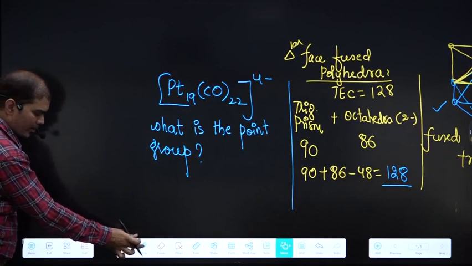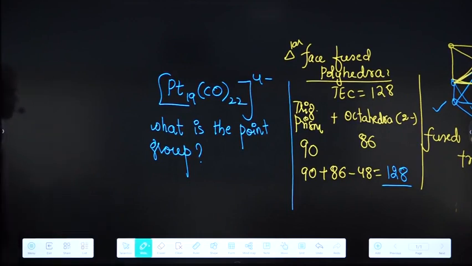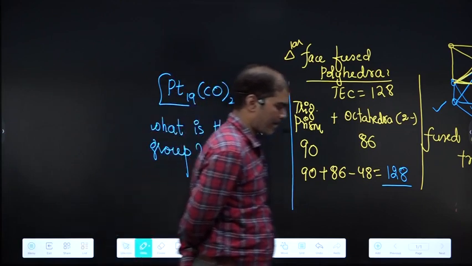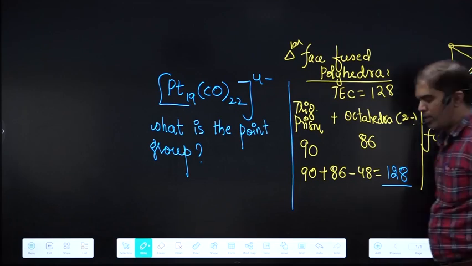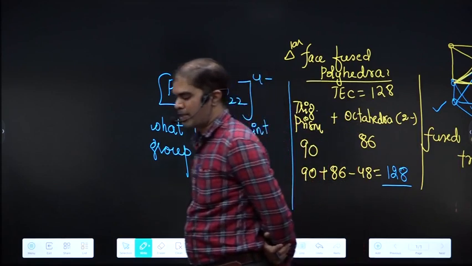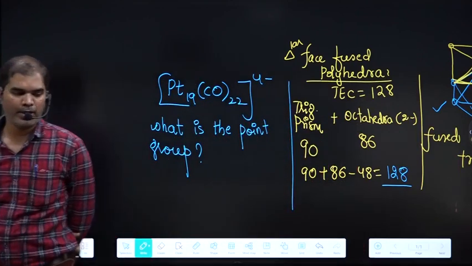Next, the total electron count is also matching with the theory of condensed polyhedra.